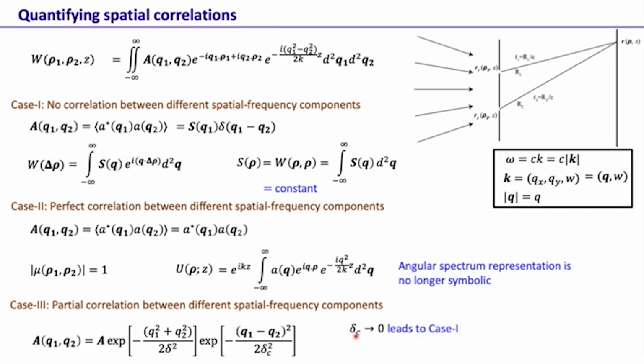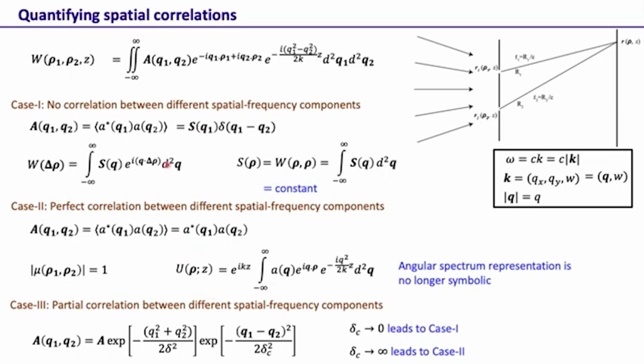When delta C tends to 0, this term is 0, then this becomes a delta function, and this basically leads to case number 1. And when delta C is infinity, that means when the correlation is perfect, then it leads to case 2. So this is just a representative example of how we can capture all these cases.